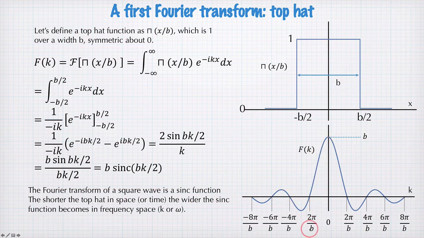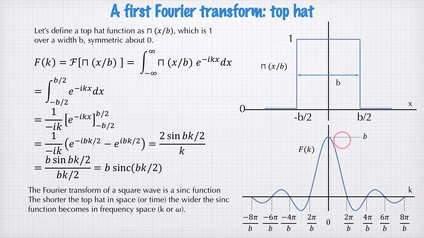So as b gets smaller, this function here becomes wider and wider. And this is a common thread with Fourier transforms. We'll see this every time we do a Fourier transform of some function which peaks over some finite domain. The narrower the function in x, the wider the Fourier transform in k. Or if this were time, the narrower the function in time, the wider the Fourier transform in omega.